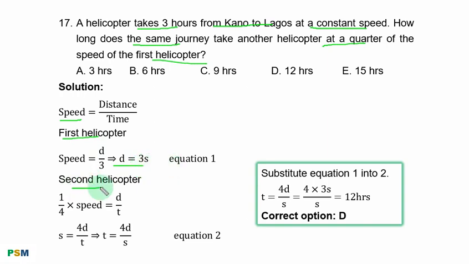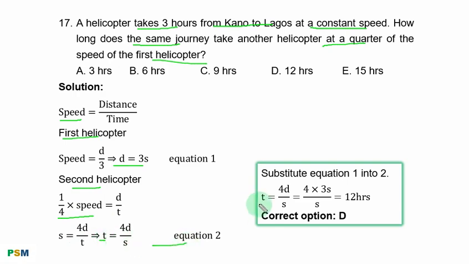Second helicopter, the speed is a quarter, that is 1/4 times speed, equal to distance over time. If you cross multiply, you have speed equal to 4d over time. Here we are interested in the time, so let's make t the subject, and you have this as equation 2.